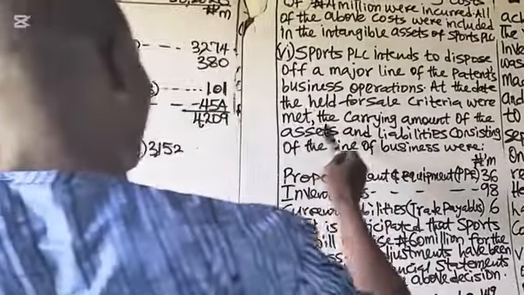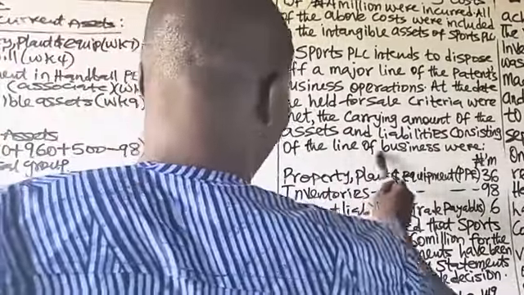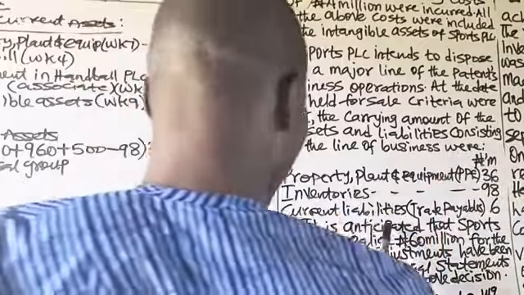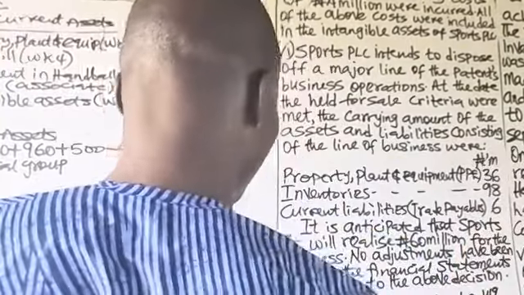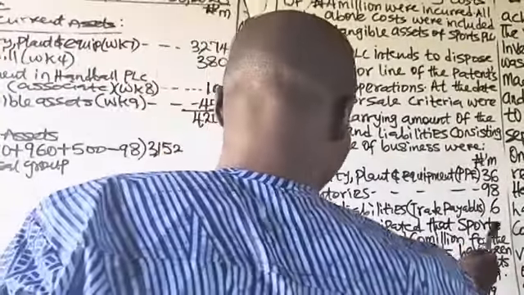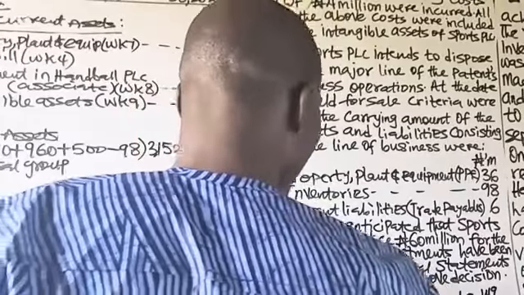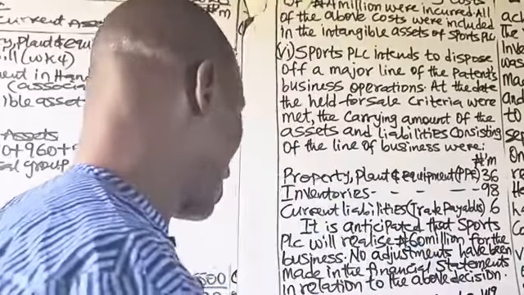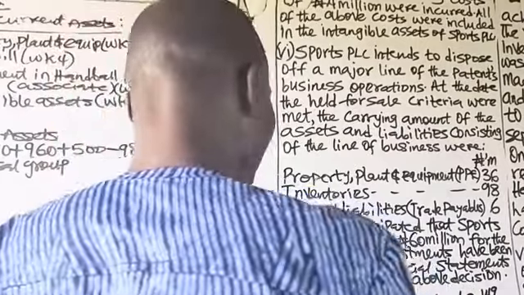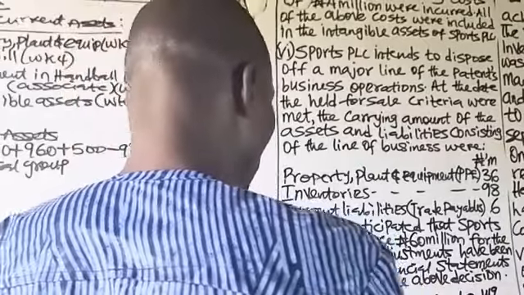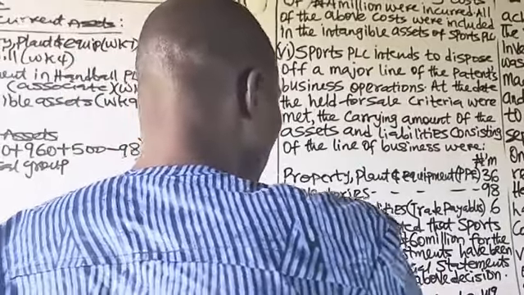The current amount of the assets and liabilities consisting of the line of business has been given. This and this have been used. It is anticipated that Sport PLC will realize 60 million naira for the business. No adjustments have been made in the financial statements in relation to the above decision.